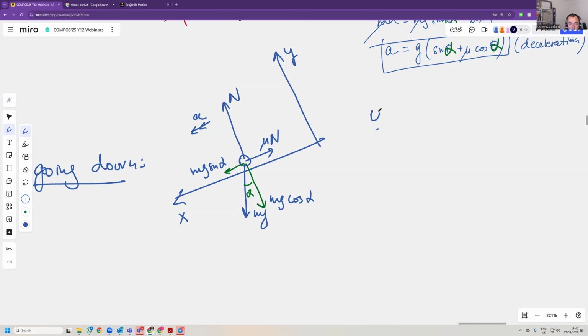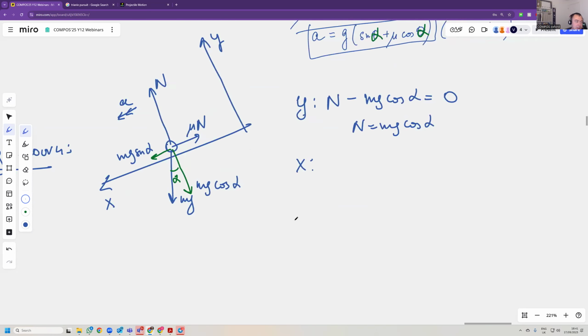So in the y direction, normal force minus mg cos alpha is 0. So n is mg cos alpha. In the x direction, you have mass times acceleration equal to mg sine alpha minus mu n. So ma is equal to mg sine alpha minus mu mg cos alpha.